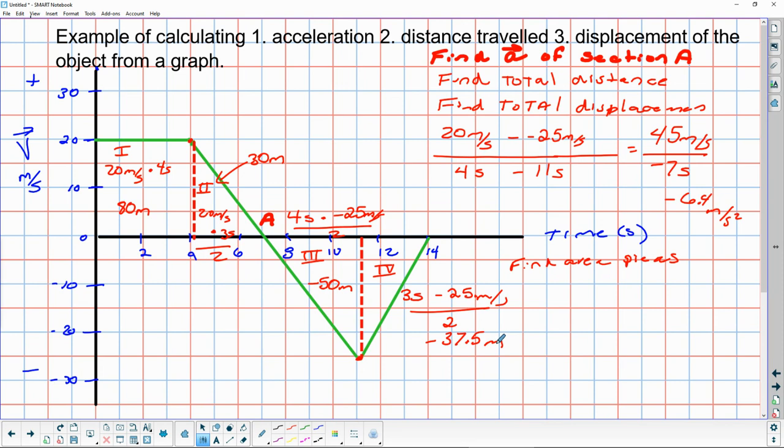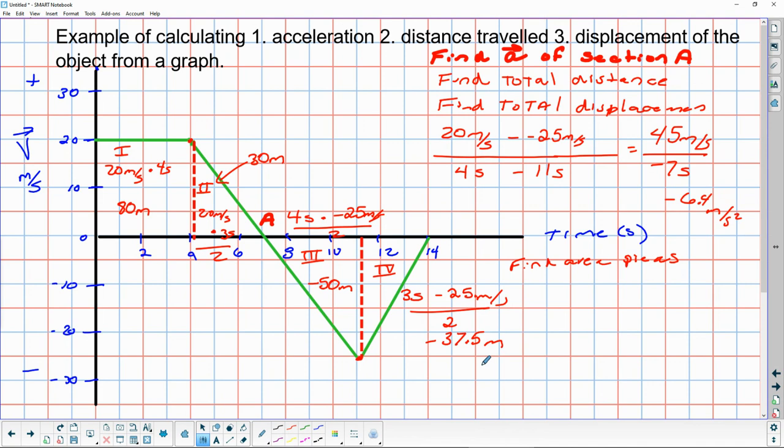So now, during this section of the graph, he traveled 80 meters forward. During this section, he traveled 30 meters forward. Then during this section, he went 50 meters backwards. And during this section, he went, or she went, depending on who's driving, 37.5 meters backwards.